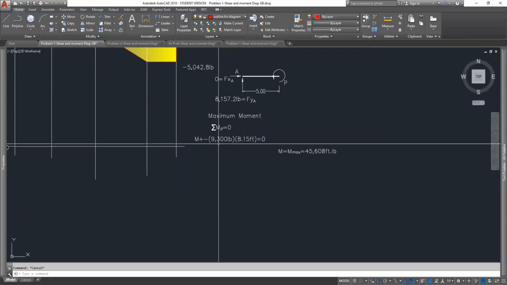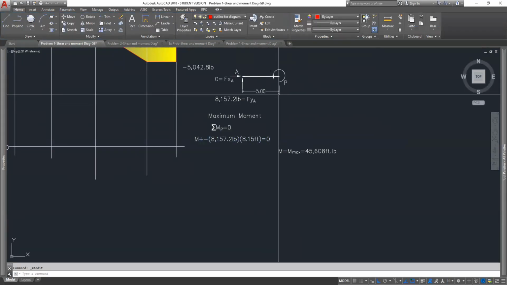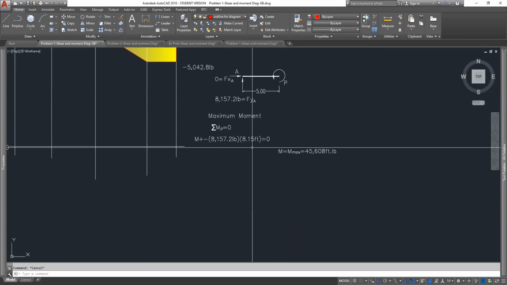Okay, and the force is 8157.2 times the distance it is from point P, which is 5 feet.